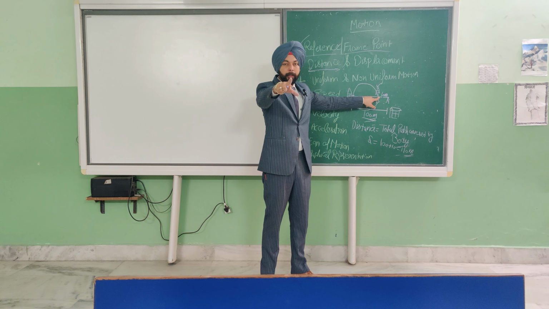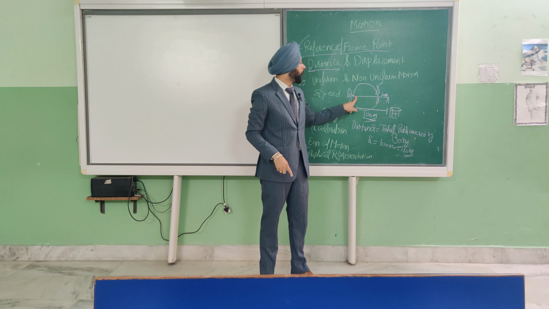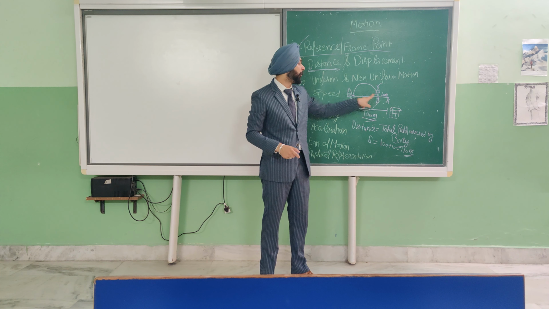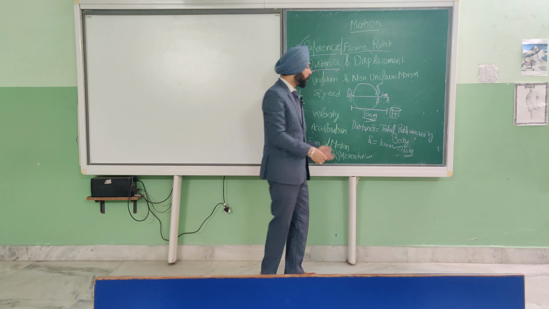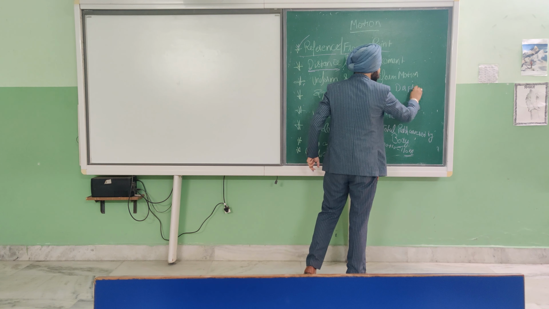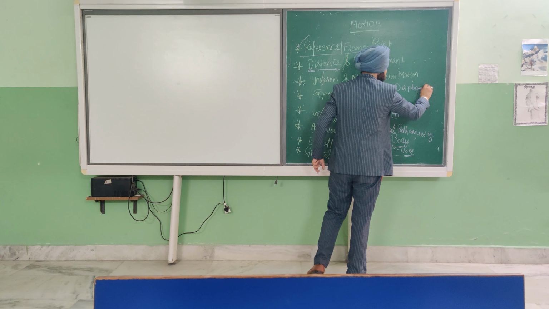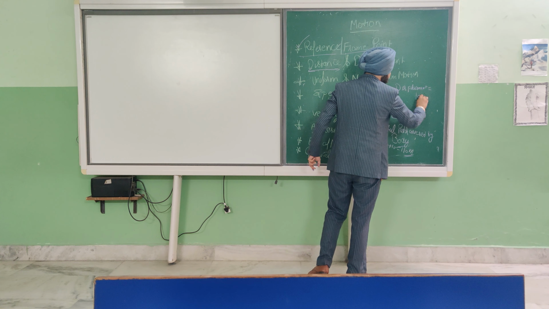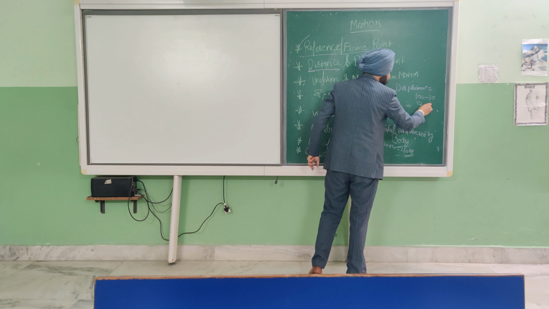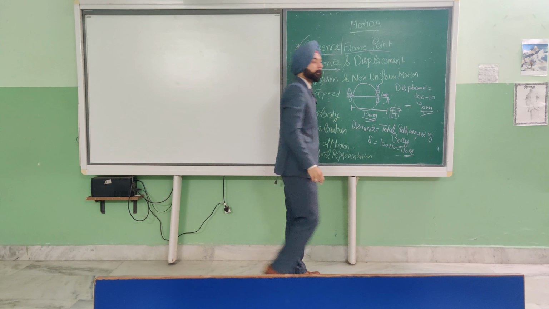So the definition is the difference between initial and final point, or initial and final position. That is how we can find displacement: 100 minus 10. So displacement is 90 meter.